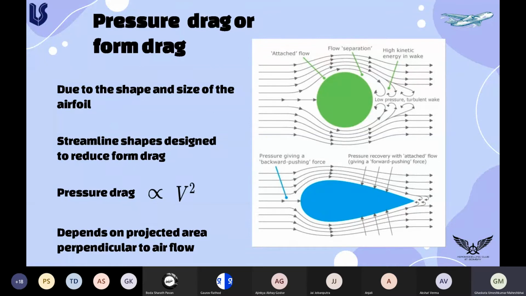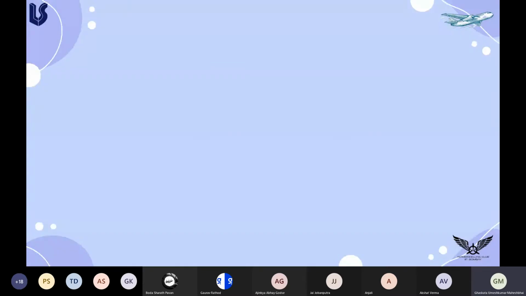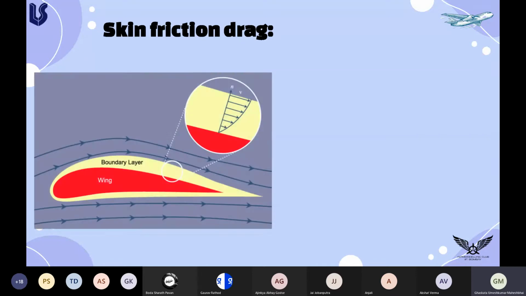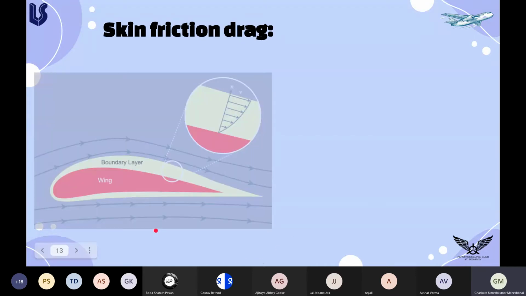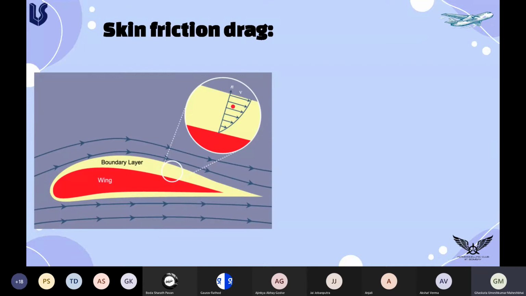Now we are going to learn about skin friction drag. Here within the boundary layer, you can see the velocity profile looks something like this.